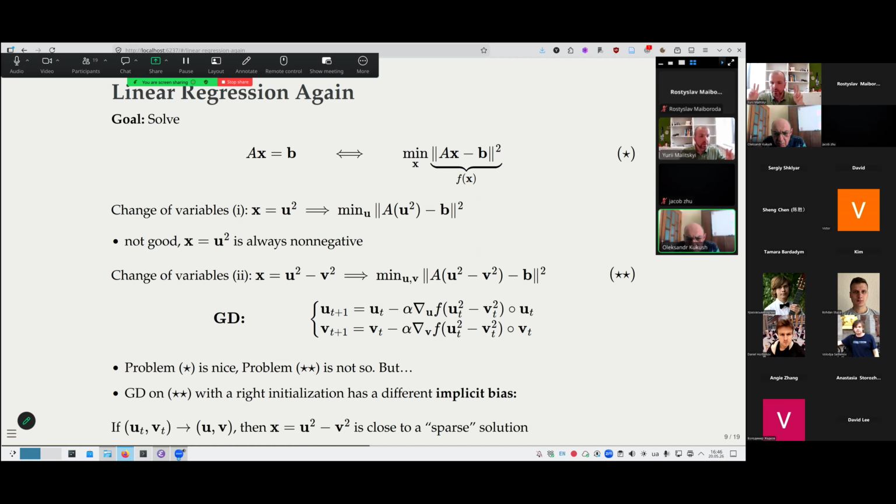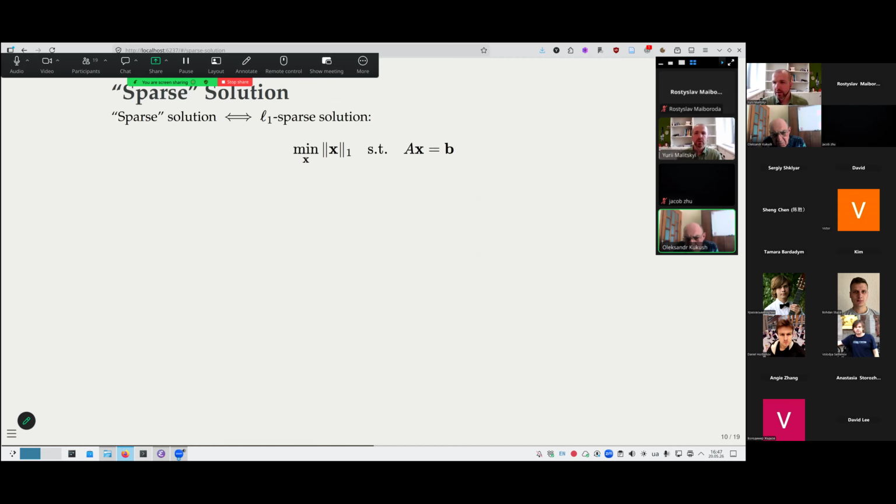By sparse, in quotes, I mean the L1 sparse solution. Among all solutions of the linear system, we find the one that has the smallest L1 norm. It's well known from compressed sensing that if you minimize the L1 norm under some regularity assumption, it's typical that among all solutions you discover the sparse one.